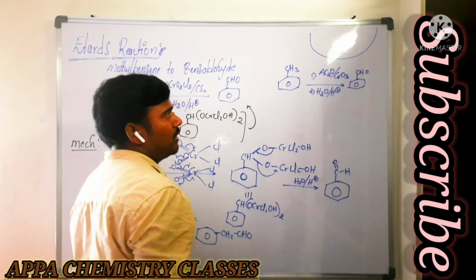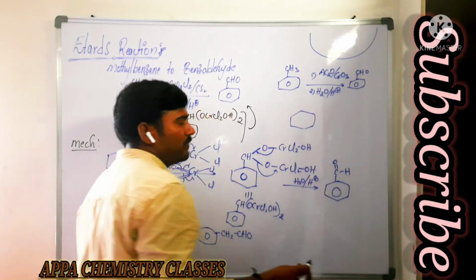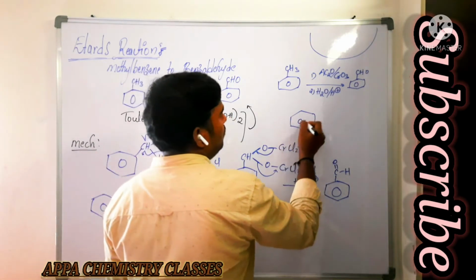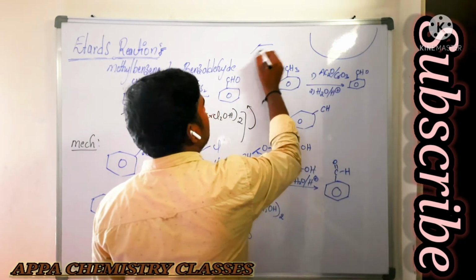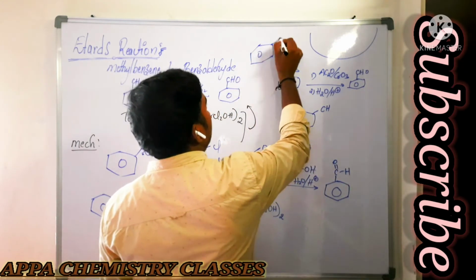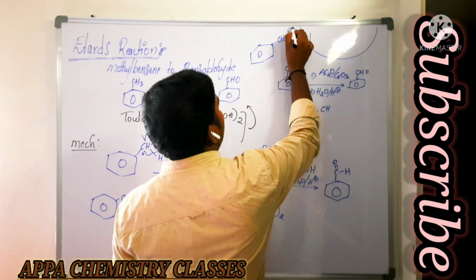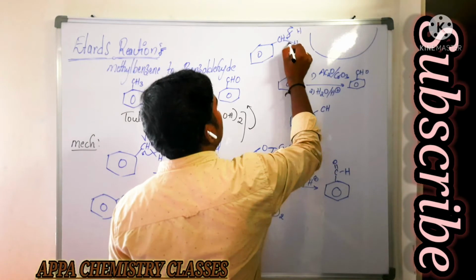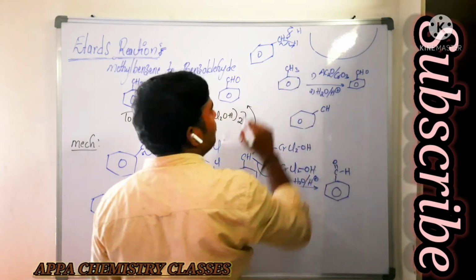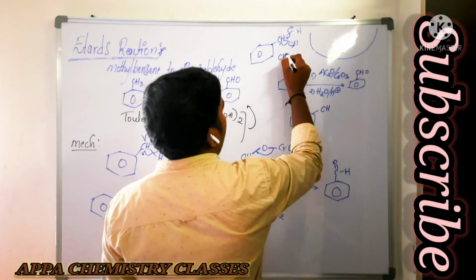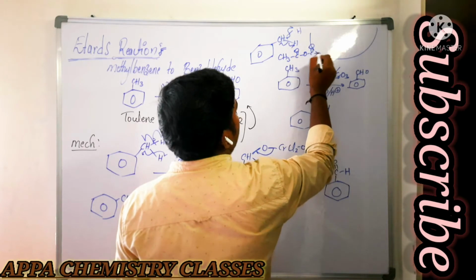Here also the same free radical mechanism applies: the hydrogens on the methyl group undergo homolytic bond fission. Here we have the acetic anhydride, CH3C(=O)OC(=O)CH3.